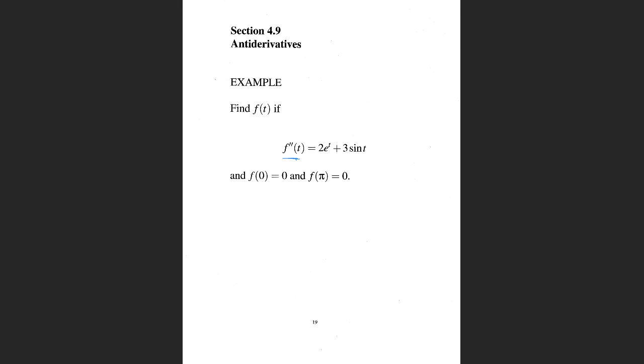Okay, so here we want to find the function f of t, but instead of giving the first derivative of the function, we're given the second derivative of the function. This is interesting. And we're given two conditions on the function.